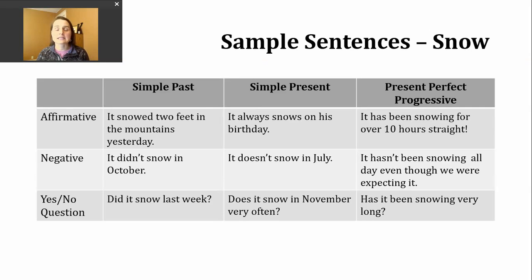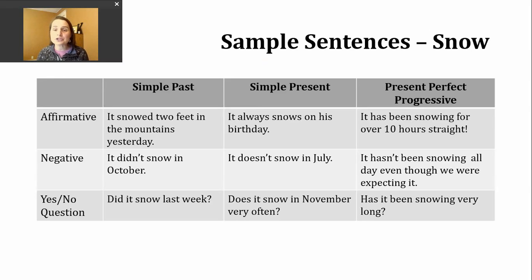Today, we'll practice the simple past, the simple present, and the present perfect progressive. Let's start with the simple past. Remember, we're using this verb tense to talk about an action that was completed at some definite or known time in the past.